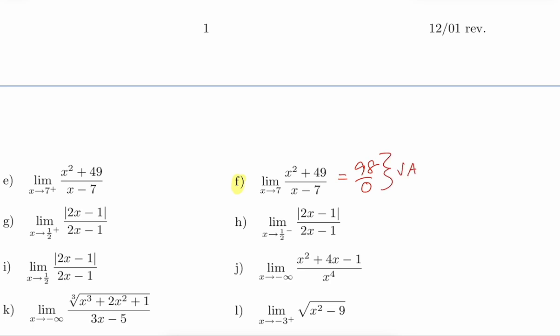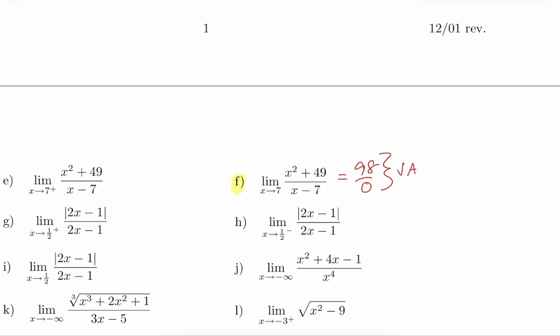So there's one of 3 answers that you get every time this happens. If you get a number over 0 and you have found a vertical asymptote, your answer is either positive infinity, negative infinity, or does not exist. Always, it's one of those 3 things. So even if you guess one of those 3 things, you have a 33% chance of getting it right.